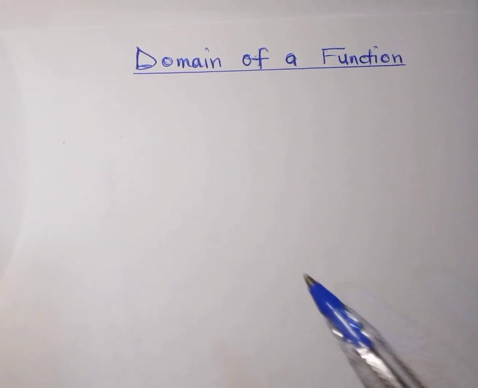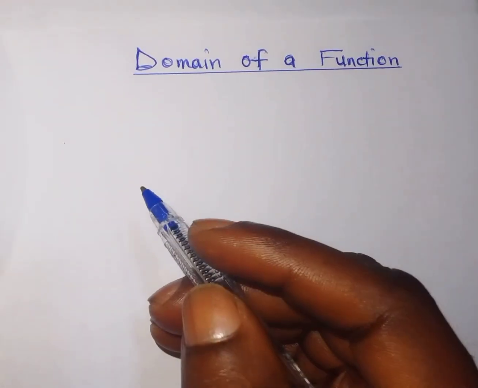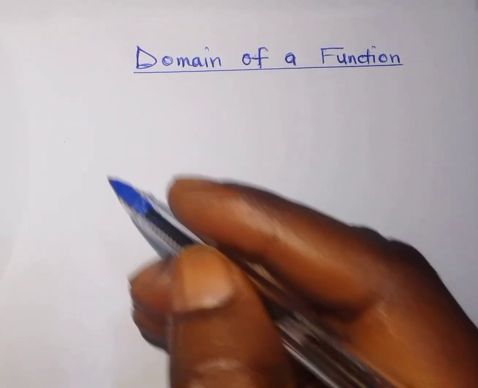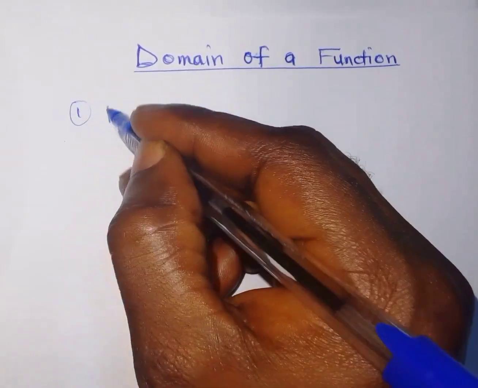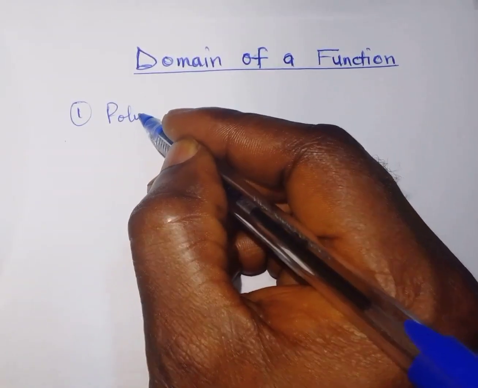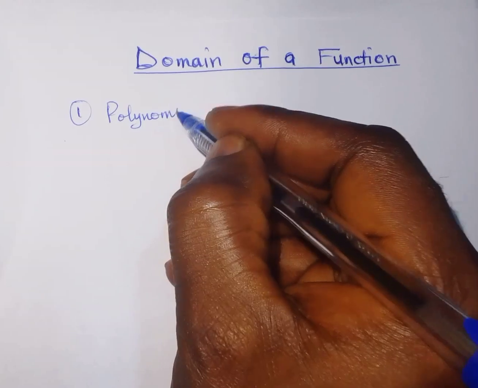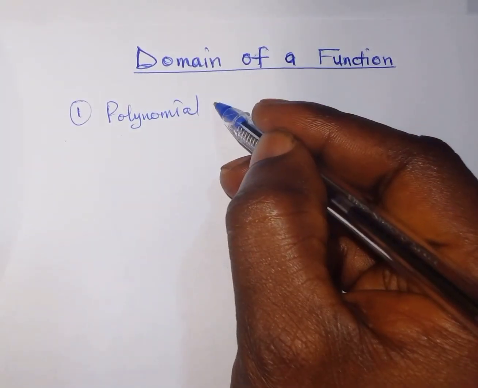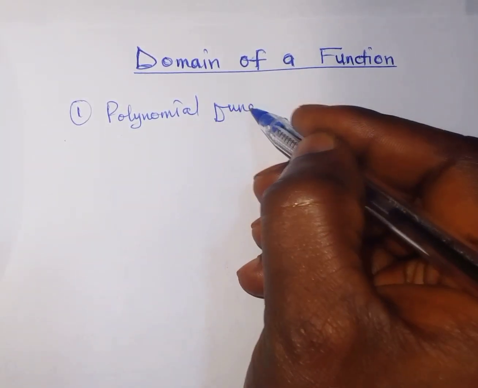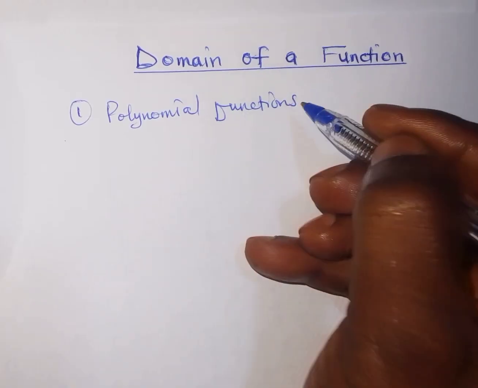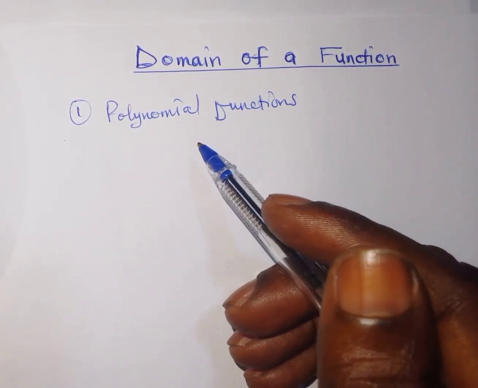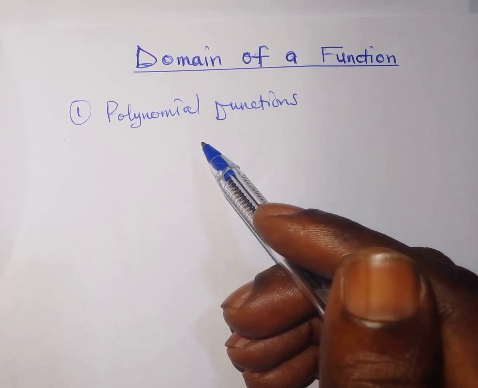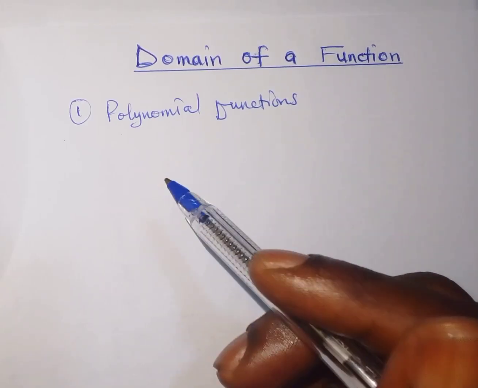So in the first place, we are going to look at how we can state the domain of a polynomial function. So one, we are looking at polynomial. Now for polynomial functions, we shall treat them in our next lesson.